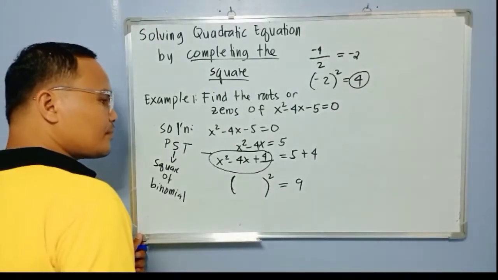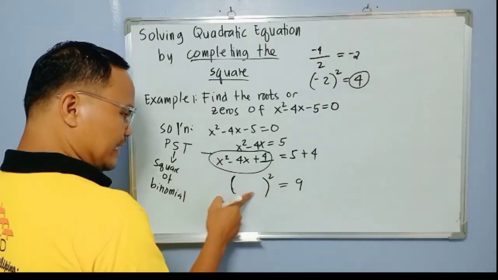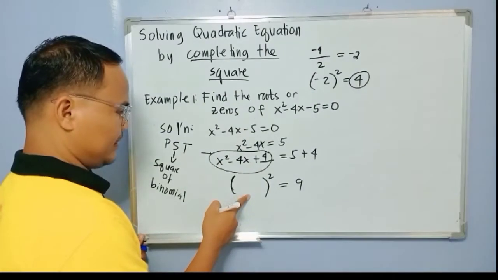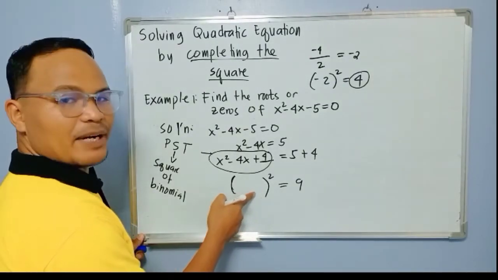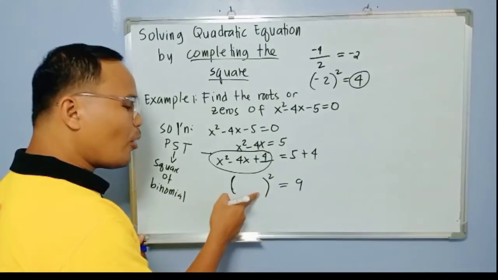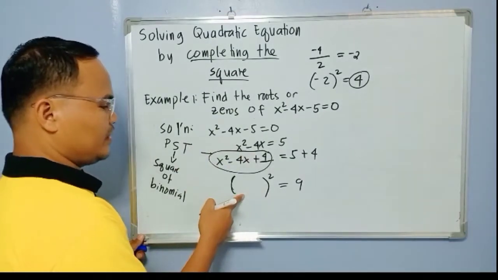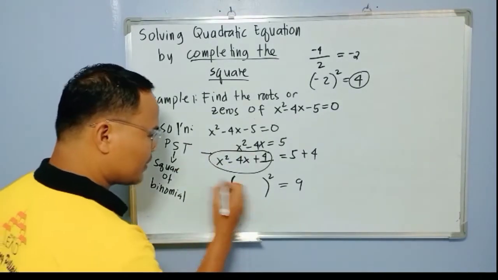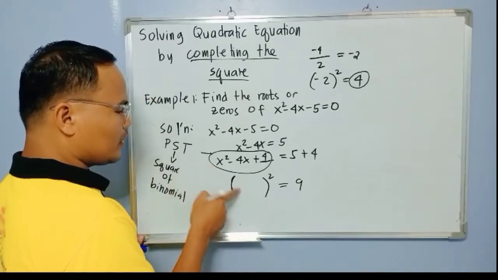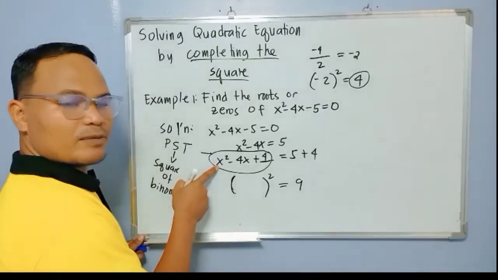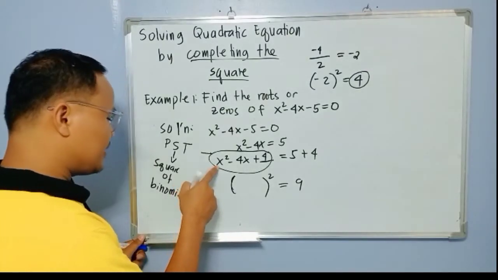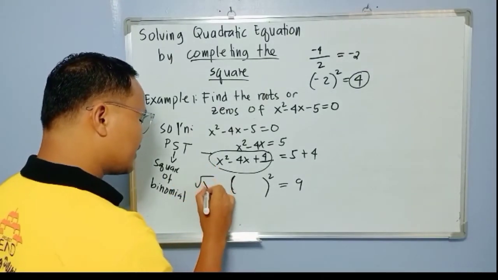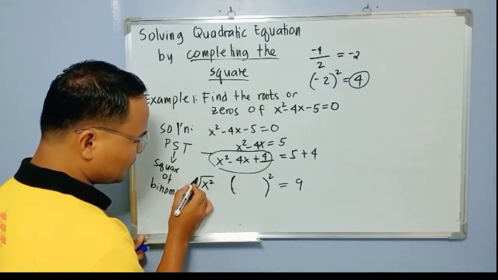Okay? And then, what is inside the parenthesis? Inside the parenthesis is a binomial. And how are we going to write the binomial? Here, for the first term, you are going to get the square root of the first term of our perfect square trinomial. So here our first term is x squared. Get the square root of x squared. What is the result?